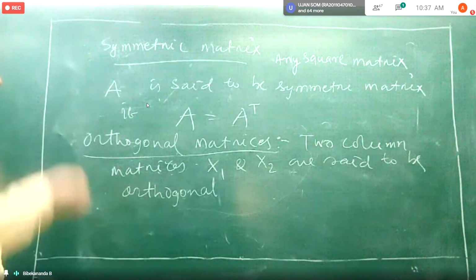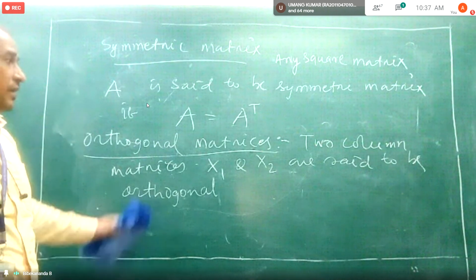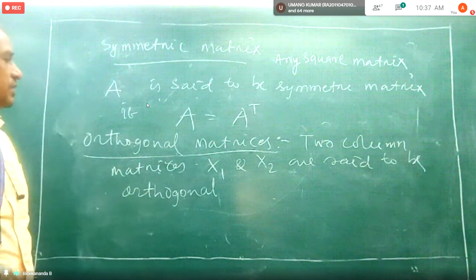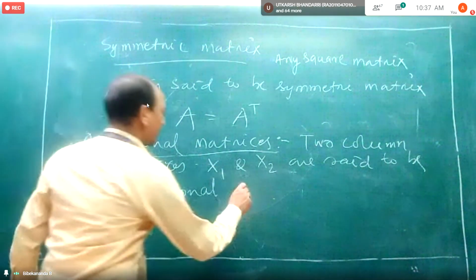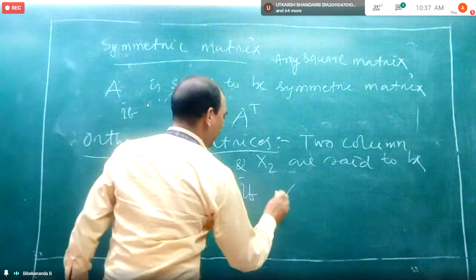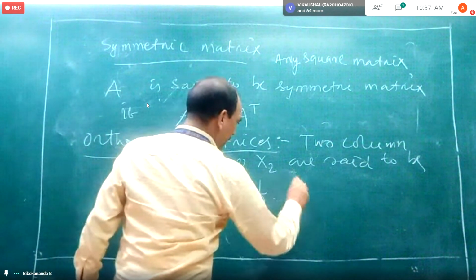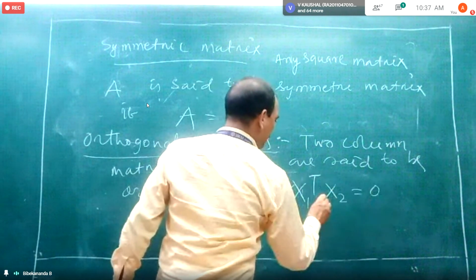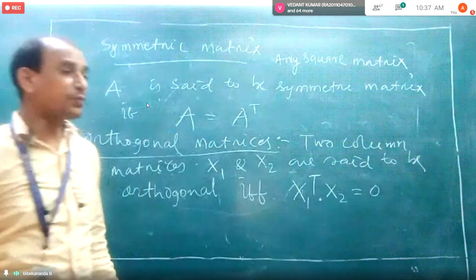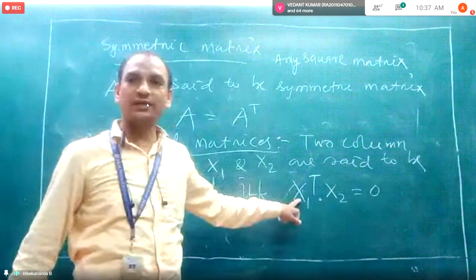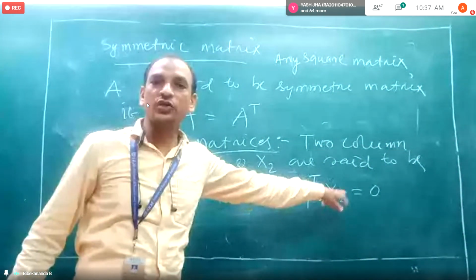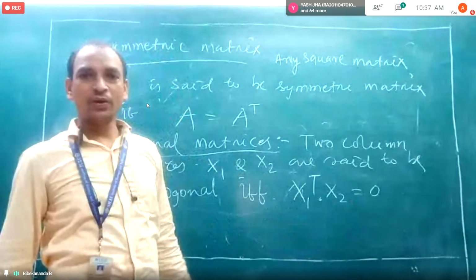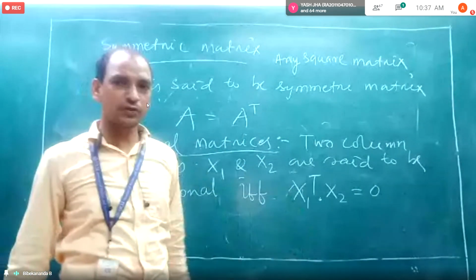Column matrices x1 and x2 are said to be orthogonal if and only if x1 transpose dot x2 equals 0.